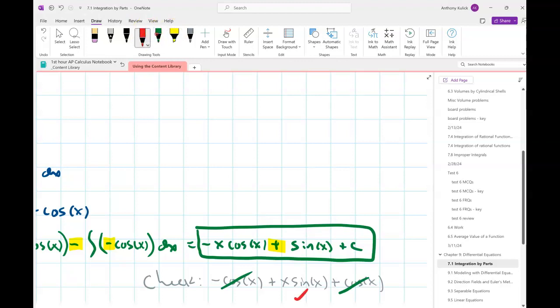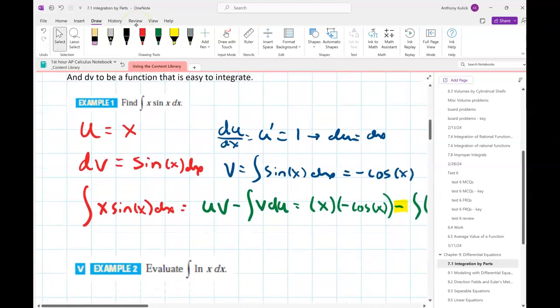That's exactly what we started with, x sine x. Does that feel okay? I just took the derivative of that stuff in green. So I did a product rule on the x cosine x piece, and then just a regular old derivative for sine x. Shall we do another? Yeah, probably, right?